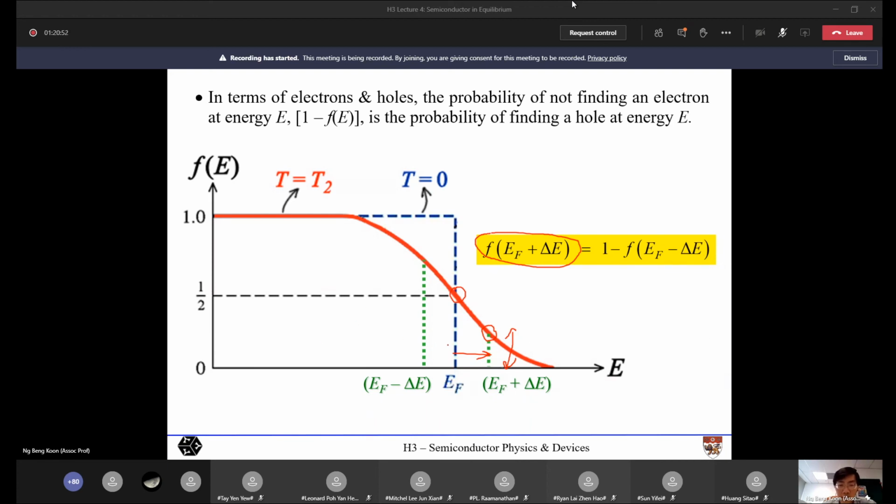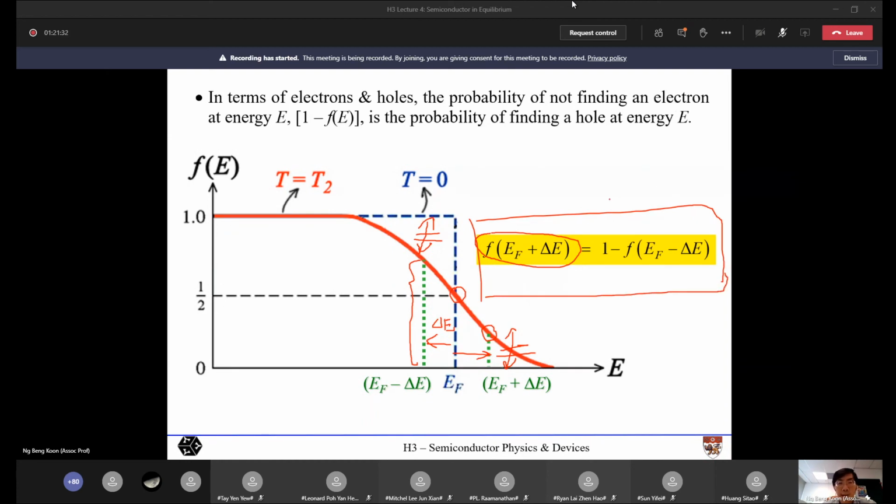So if you go backwards from EF by delta E, right, then this difference here, subtract from 1, which means this value here, right, must be equal to the probability of finding an electron at an energy state delta E above EF. So in other words, this quantity here is equal to this quantity here, which is what you expect if it's symmetrical.